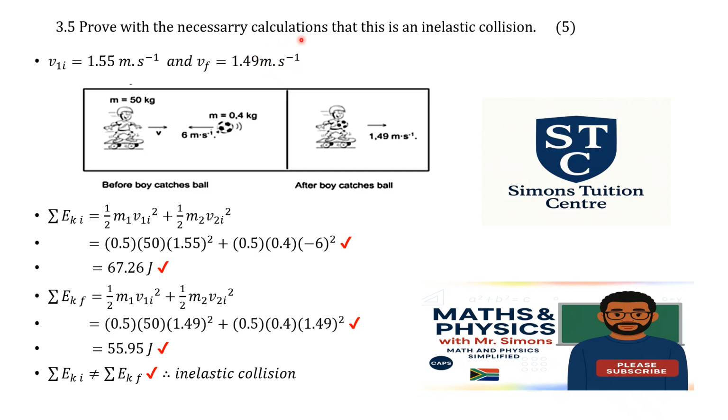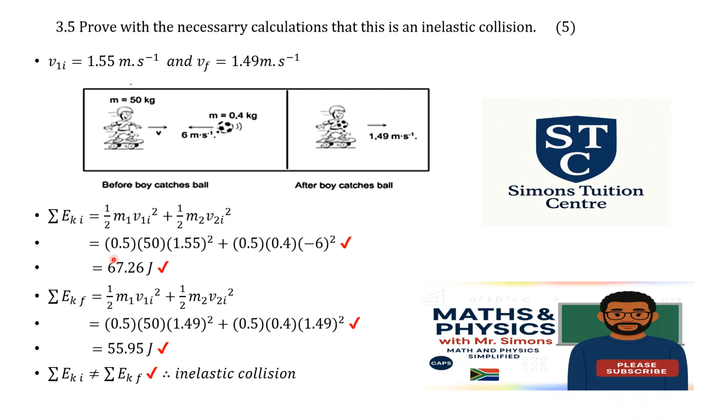Now for elastic and inelastic collisions, we'll always use kinetic energy. So kinetic energy initial equals half mass 1, velocity 1 initial squared. Remember, it's now kinetic energy, so velocity squared. In momentum, velocity is just v. Plus half mass 2, velocity 2 initial squared.